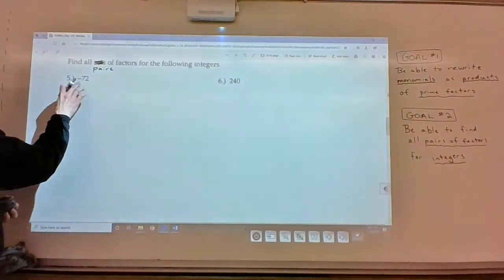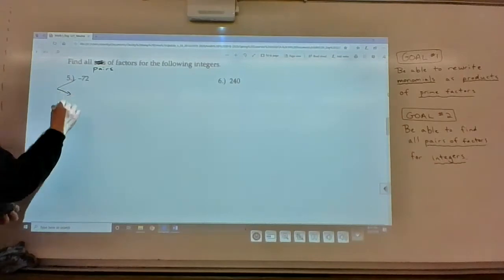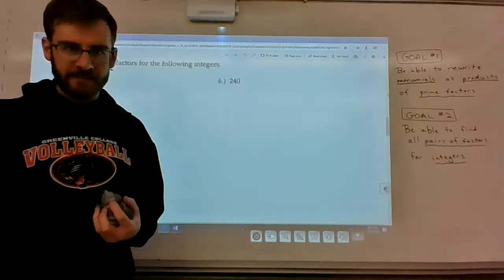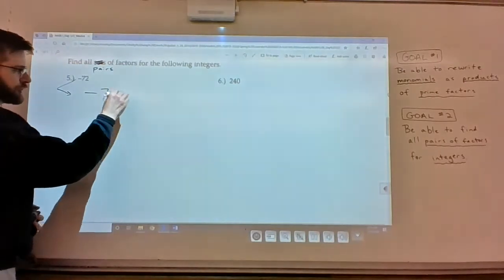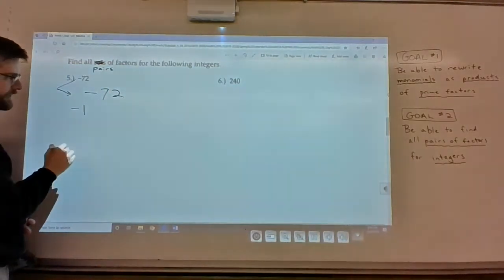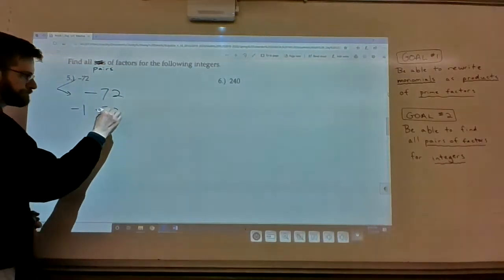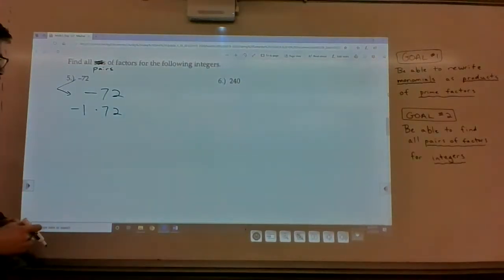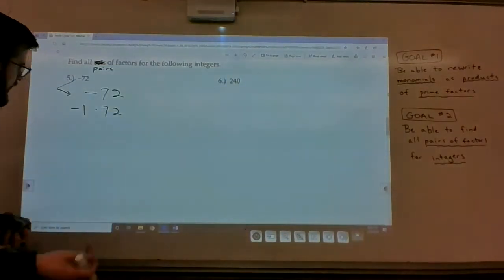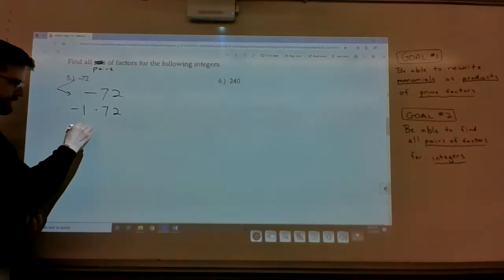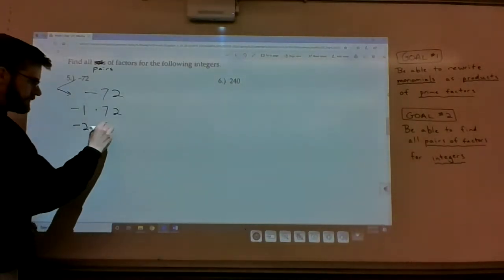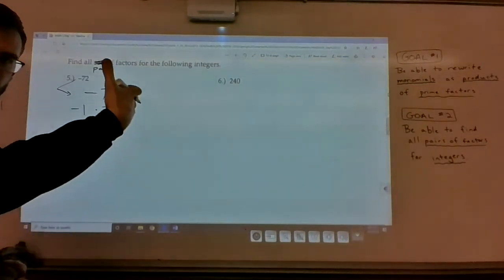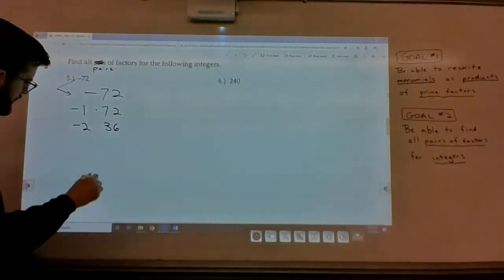So when we think about this, every single number is divisible by itself and 1. So right off the bat, negative 72 can be written as negative 1 times 72. But we could also multiply, since it's an even number, negative 2 times something to get negative 72. It's 36. And then you just roll down the numbers as you increase.